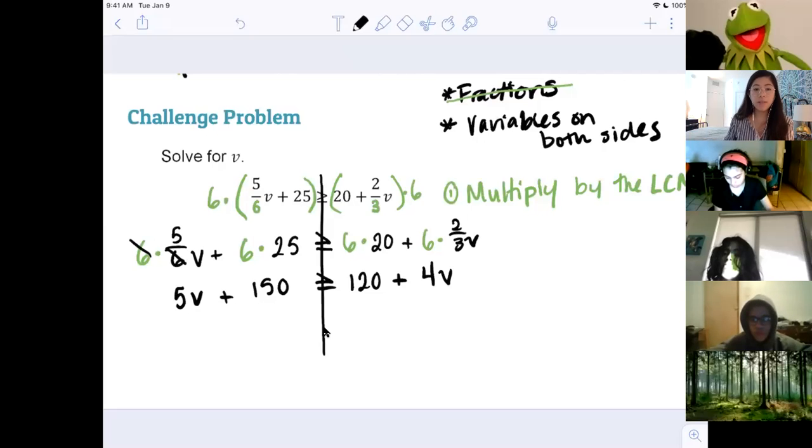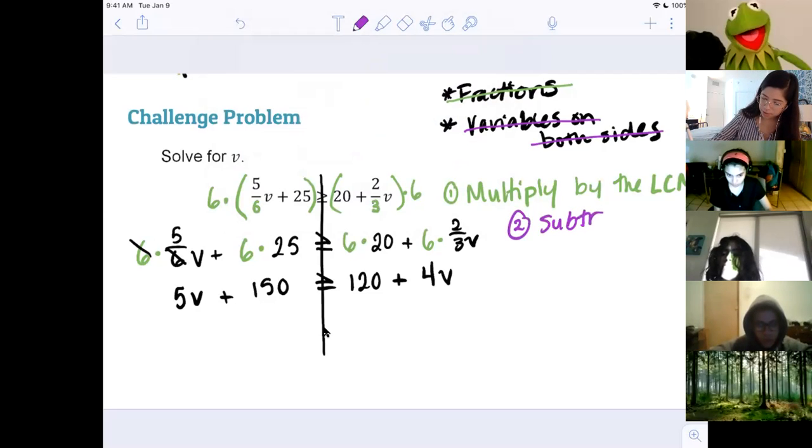All right, see how now that I don't have any more fractions, I can go ahead and do everything else that I need to do. So starting with figuring out how to get all my variables to the left side, what should I move over? The 4V. We're going to subtract it.